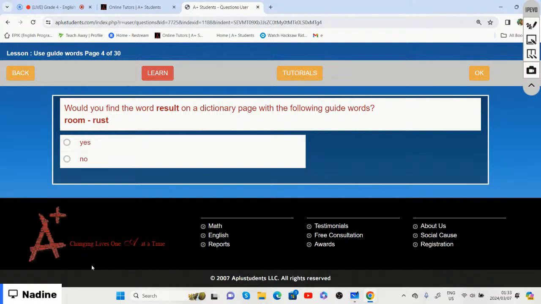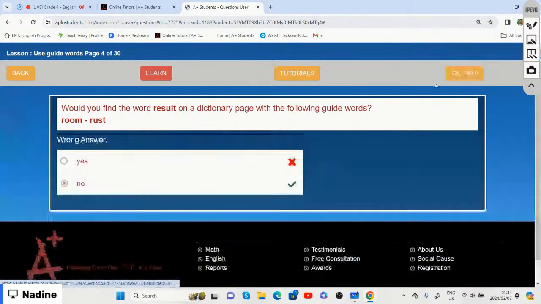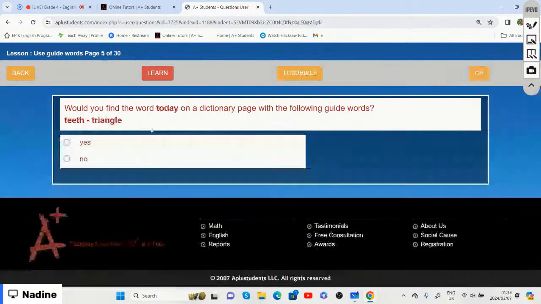So would we find the word result on the dictionary page with the following guide words? Oh, sorry, it is no, because result goes before that word.